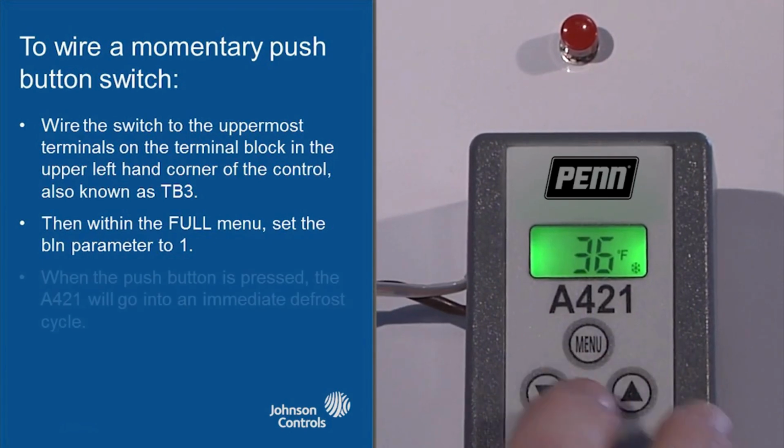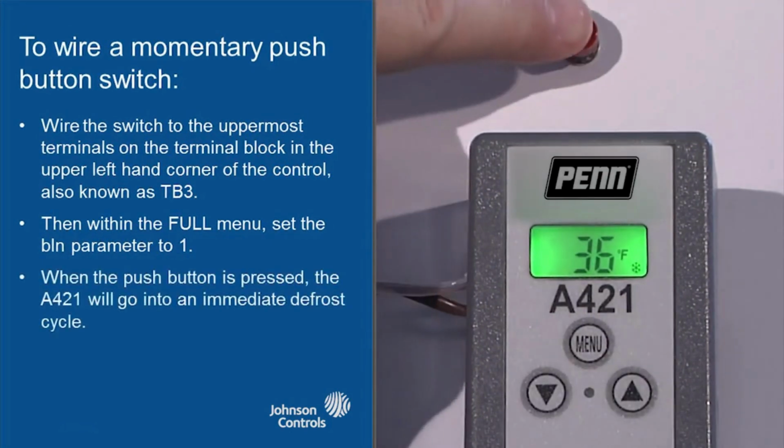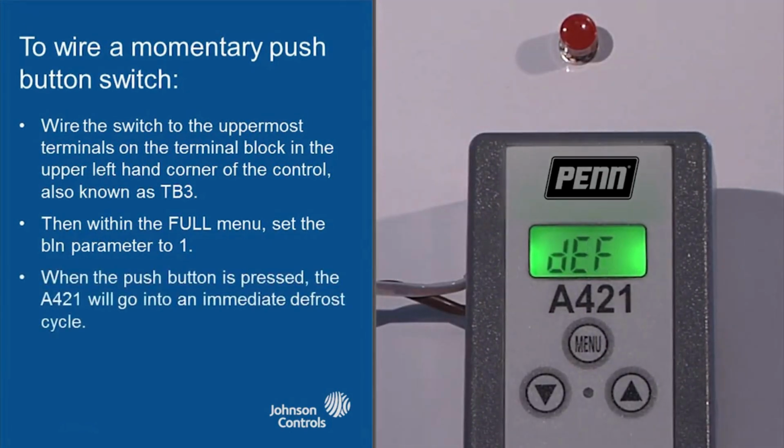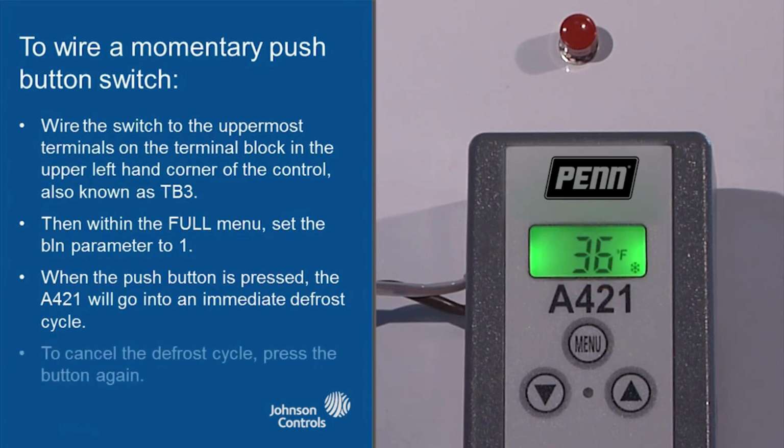When the button is pressed, the A421 will go into an immediate defrost cycle. Note that the display of the control cycles from DEF to indicate a defrost cycle is occurring, the amount of time left in the defrost cycle, and the temperature of the conditioned space. To cancel the defrost cycle, press the button again.